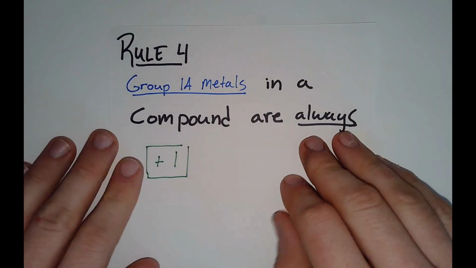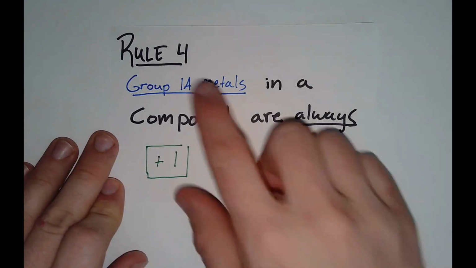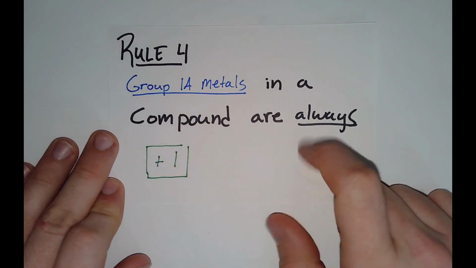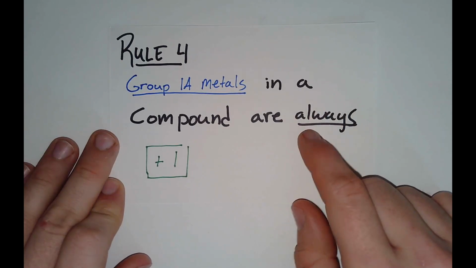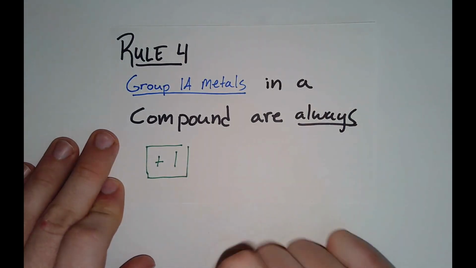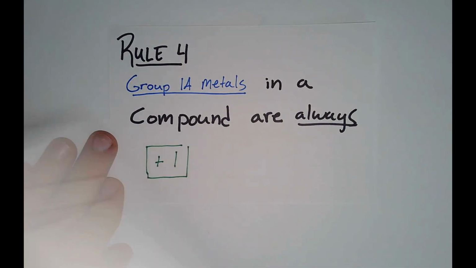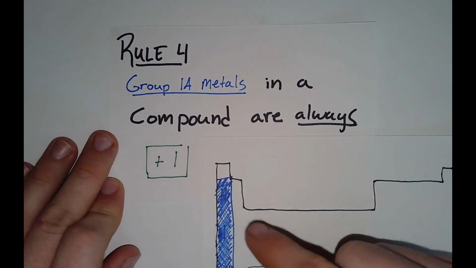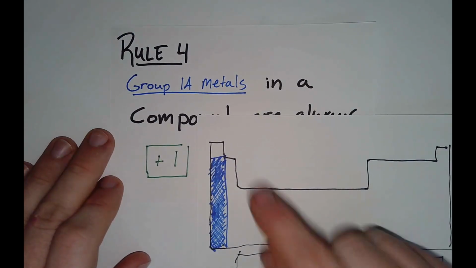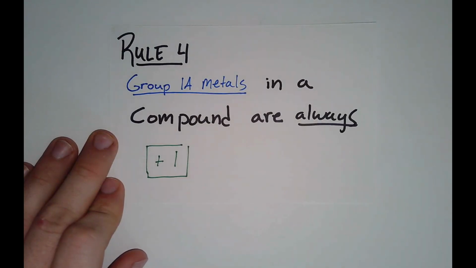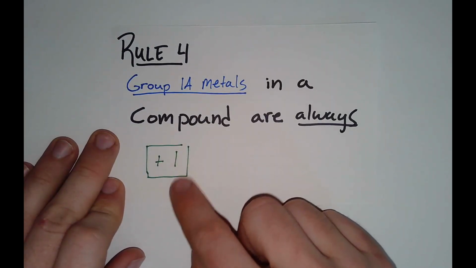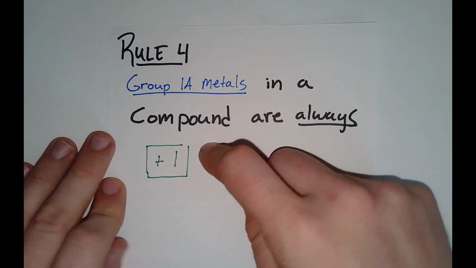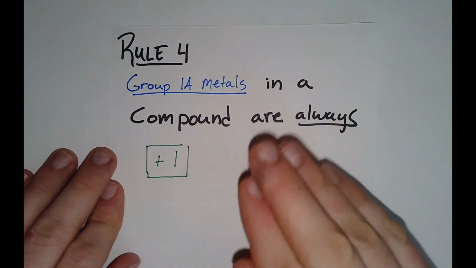Alright, so let's come back and do some new rules. Rule 4 says that group 1A metals are always, and always means always in this case, +1. That is, if I have a metal from the first column in the periodic table, this piece here, it will always be +1. An alkali metal always is +1, period.